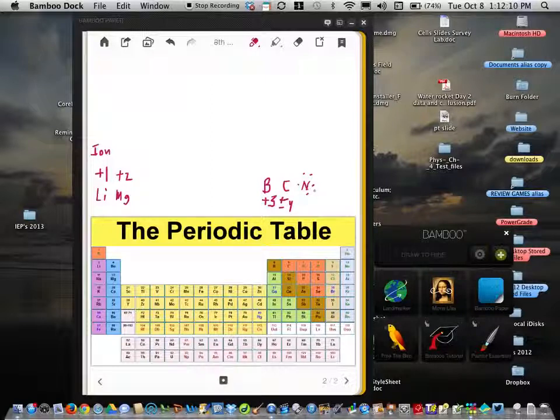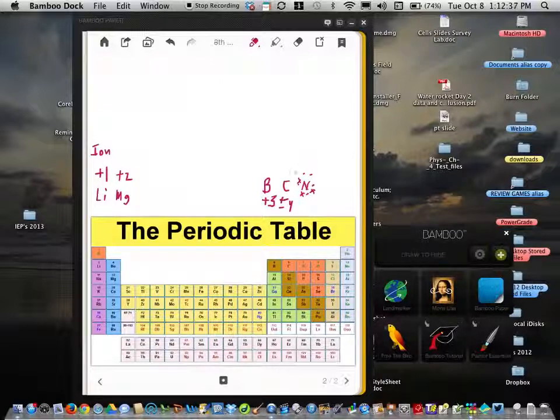So it gets 1 here, it gets 1 here, and it gets 1 here to make an 8 outer shell level. 8 electrons in the outer shell. Yeah, for nitrogen, 8 in the outer level.